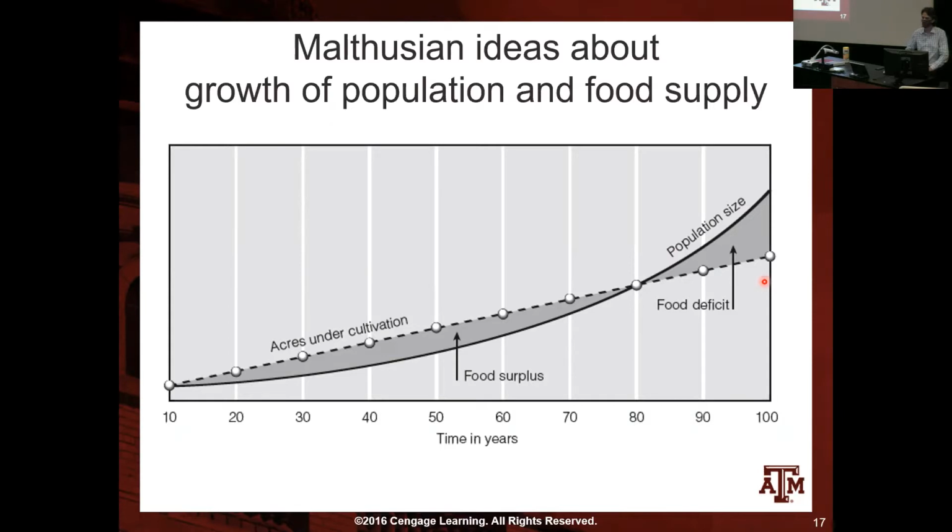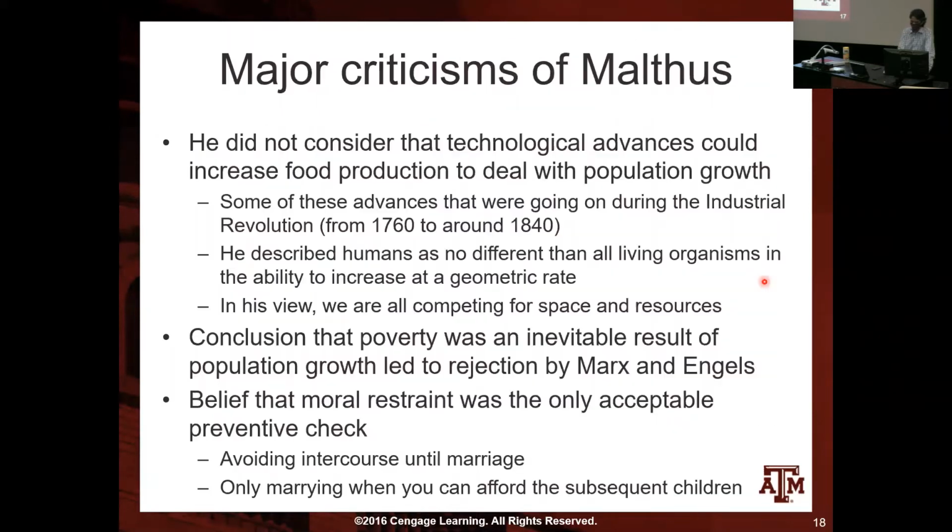Patrick? Did Malthus ever take into account the ability to also exponentially increase food production? Because if all he says is that food is just a straight arithmetic line, when there are ways that we can exponentially increase food production, does Malthus ever take that into account? That's one of the criticisms about him.